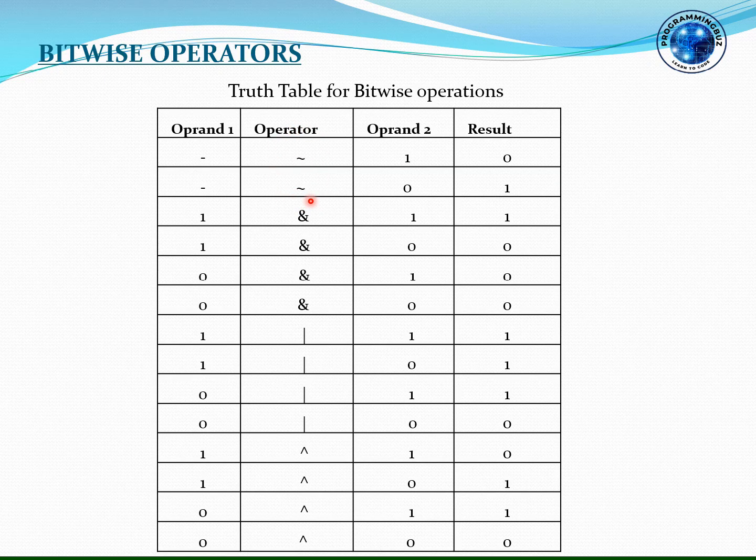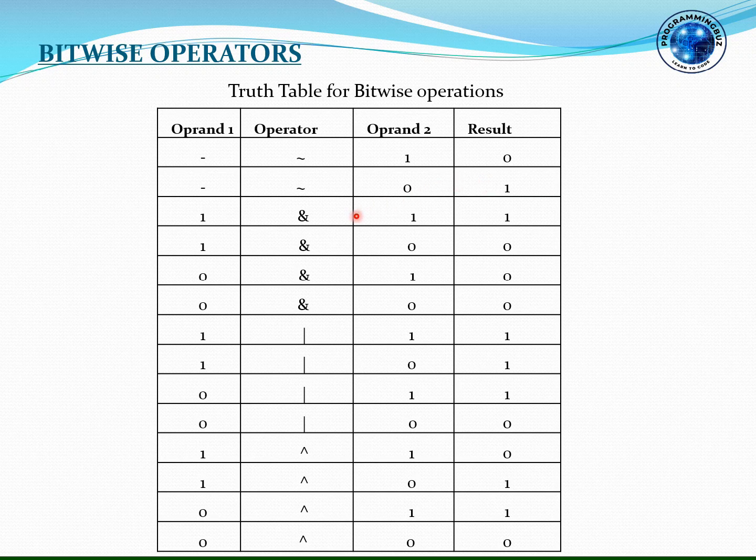From this truth table, it is clear that this operator doesn't have a left operand. That means this operator works on a single operand, and therefore it is a unary operator. In this operation, the complement of 1 gives result 0, and the complement of 0 gives result 1. It is a simple operation similar to the NOT operator.